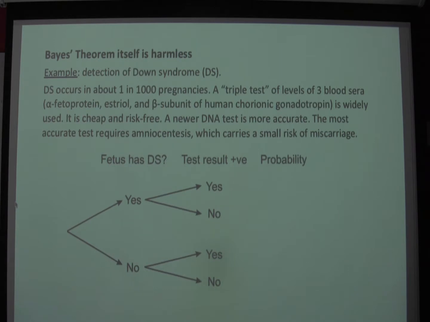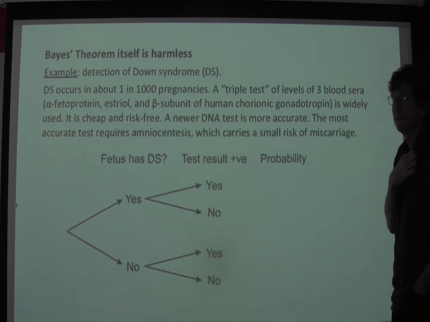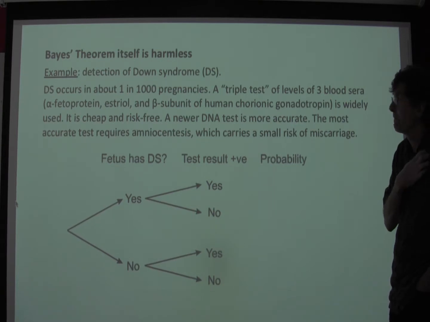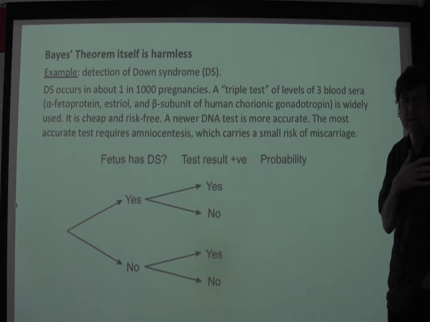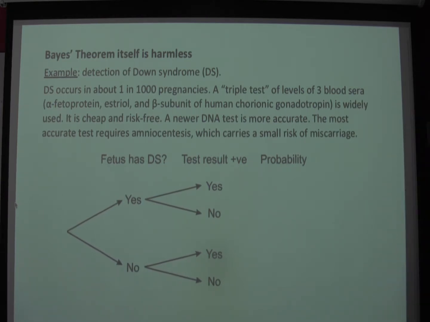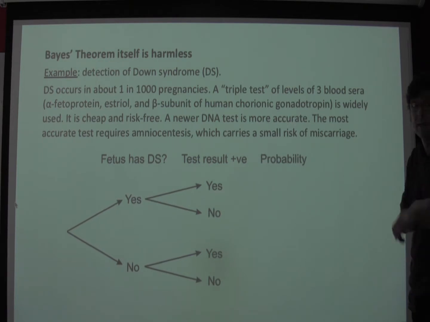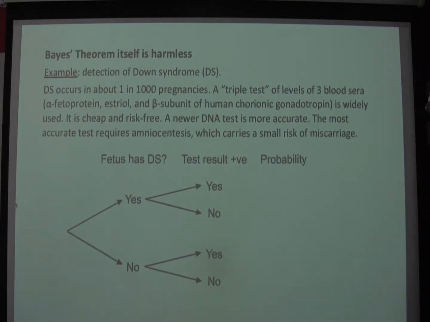And I'll show you. So the triple test is still used in hospitals and by physicians as a preliminary test of the possibility of Down syndrome in a fetus. Down syndrome occurs at a rate of about 1 in 1,000 pregnancies.